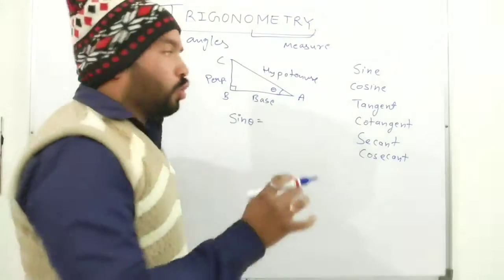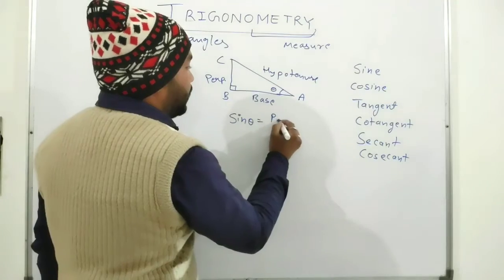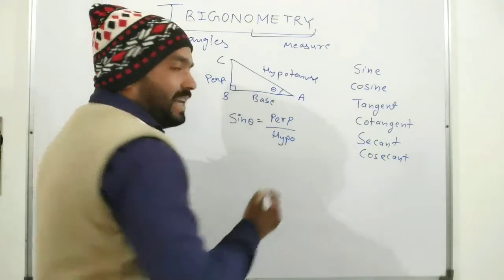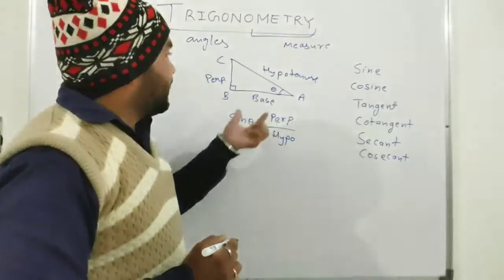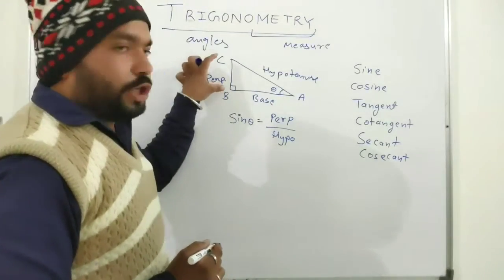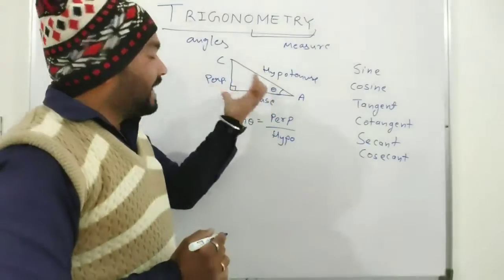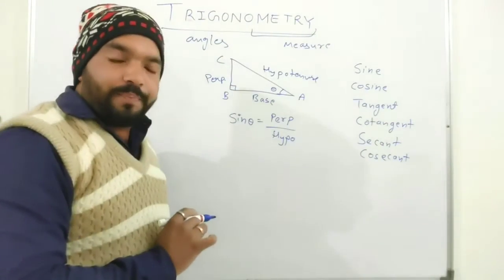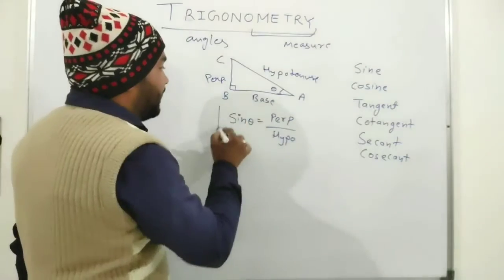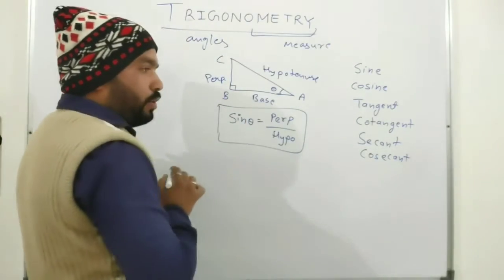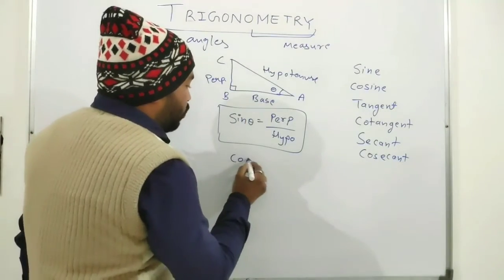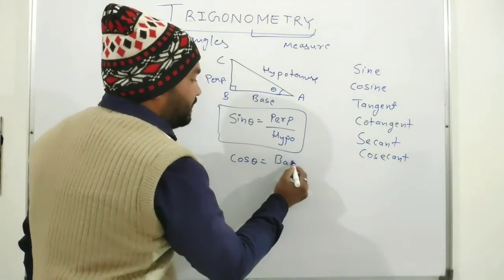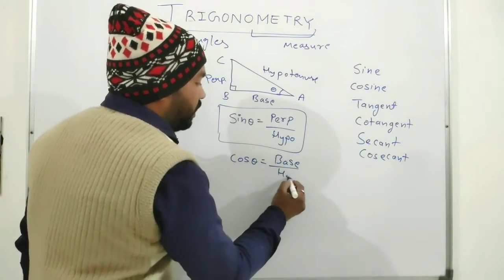Sine theta means the ratio of perpendicular and hypotenuse of that right angle triangle, where theta is the angle opposite the perpendicular. So sine theta is perpendicular upon hypotenuse. Same, cos theta is the ratio of base upon hypotenuse.